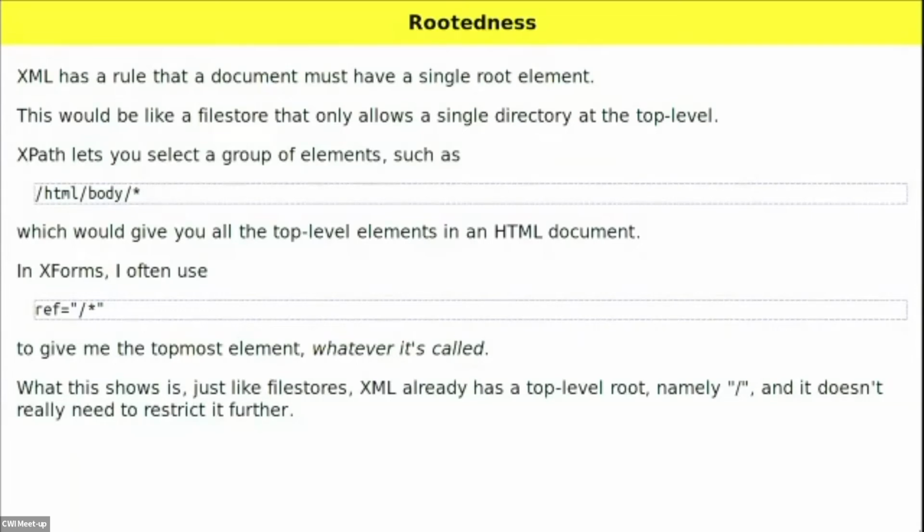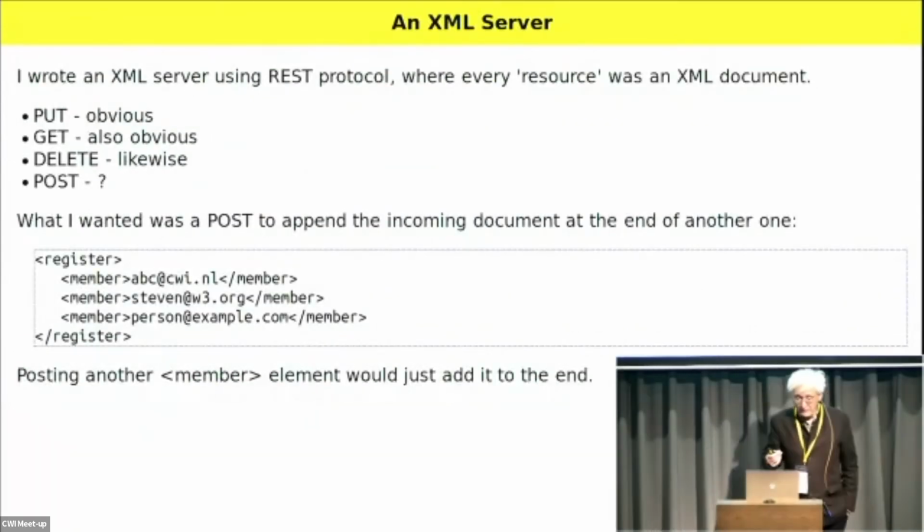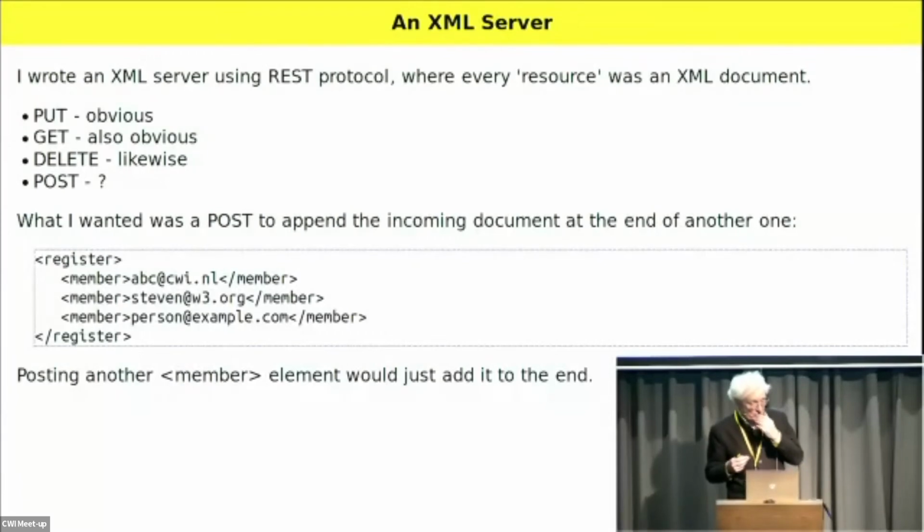But what this shows me is that just like a file store, XML already has a top level single root, namely /. And it doesn't really need to restrict it any further, that you could have several elements under that, and it would still be processable in a very reasonable way. For example, I wrote an XML server using the REST protocol where every resource was an XML document.